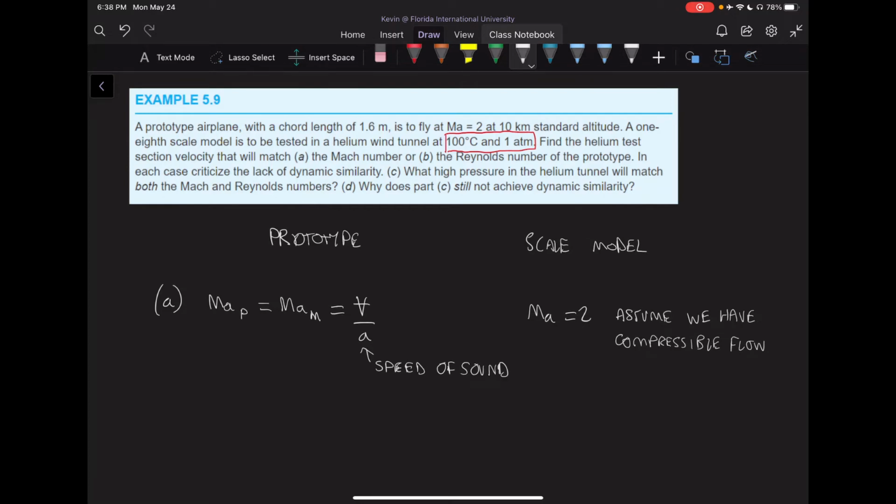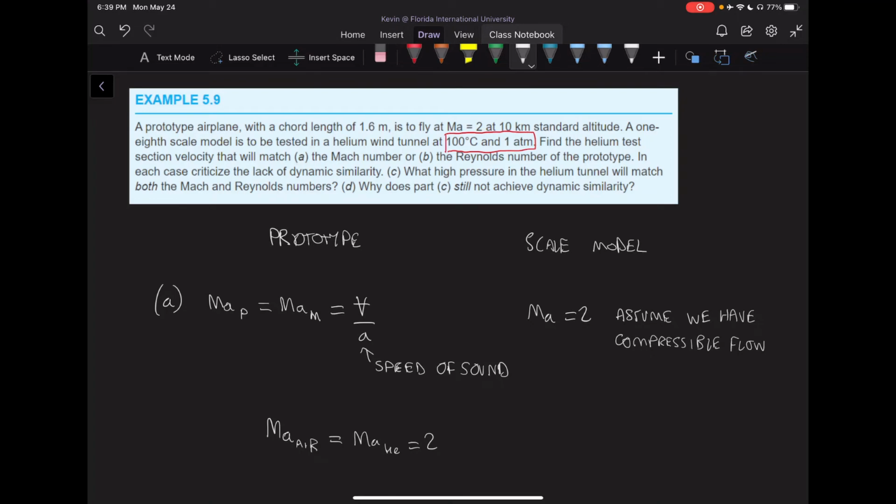So the great thing about this problem is we're given that the Mach number should be similar, and we have to figure out the velocity in the wind tunnel. We already know our Mach number, so the Mach number for air, or for our prototype, should be equal to the Mach number for helium, which should be equal to 2.